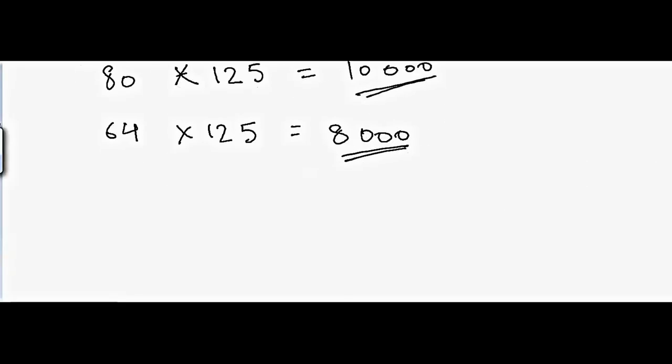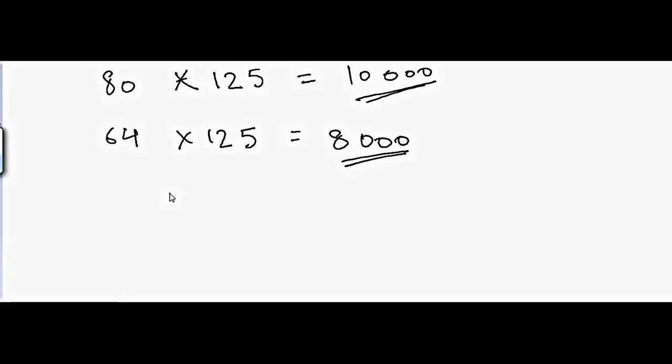Let's take another example, 128 times 125. Here, 128 divided by 8 is 16, and then we put 000 at the end, so that is our answer.